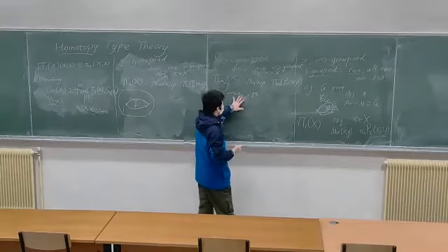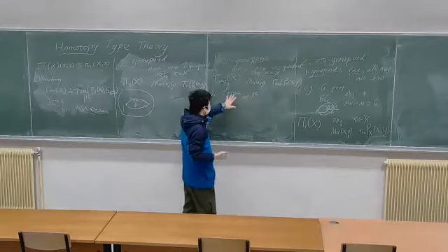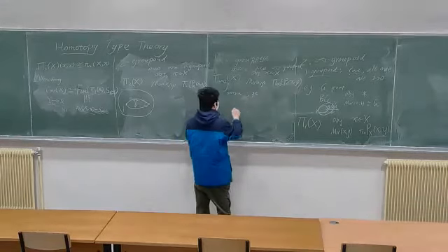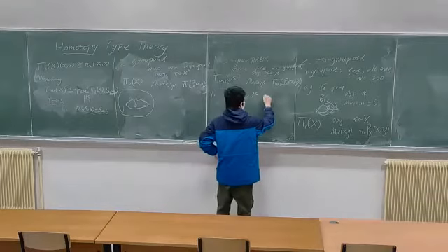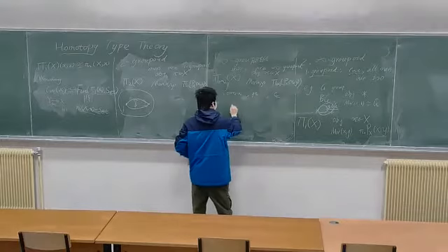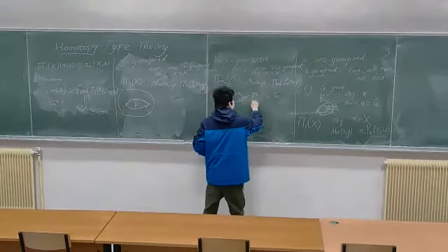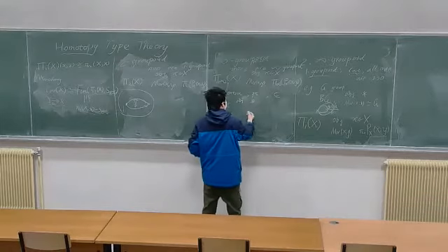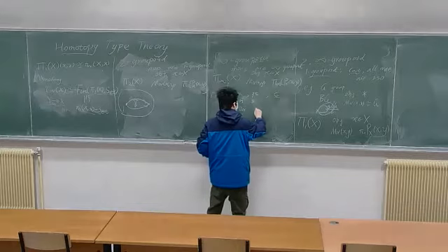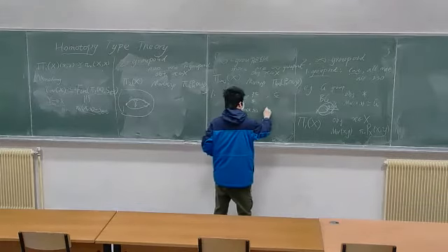A point is homotopy equivalent to a contractible space. So what is its infinity groupoid? We call it State. The State has only one object, and its morphisms are again State.